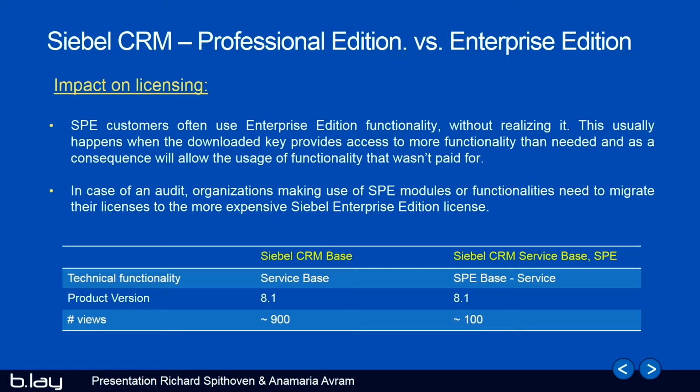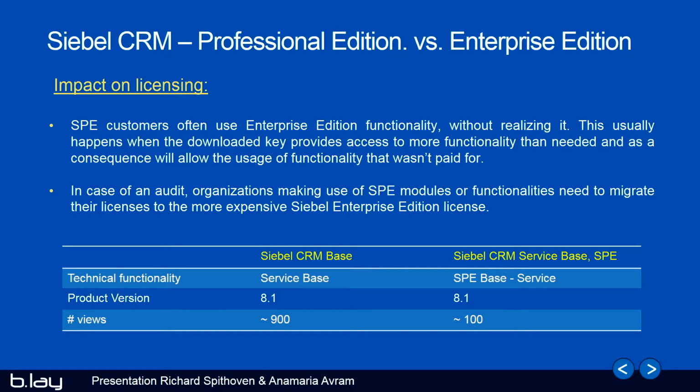We have the technical functionality. The technical functionality for the Enterprise Edition product is Service Base, and the technical functionality for the Professional Edition is SPE Base Service. These two functionalities are supposed to do exactly the same thing. One belongs to the Enterprise Edition, the other to the Professional one, for the same product version 8.1.